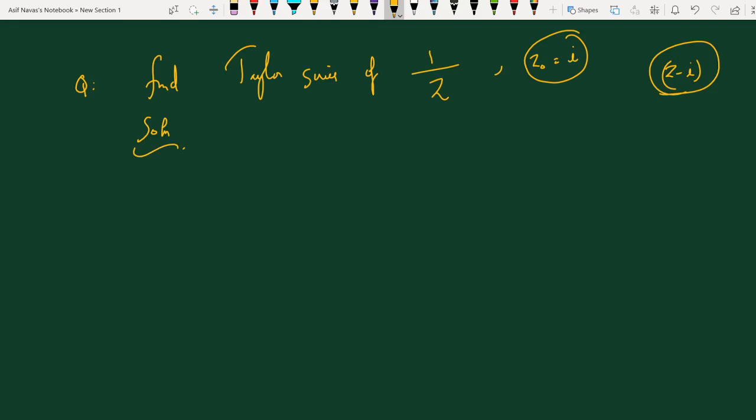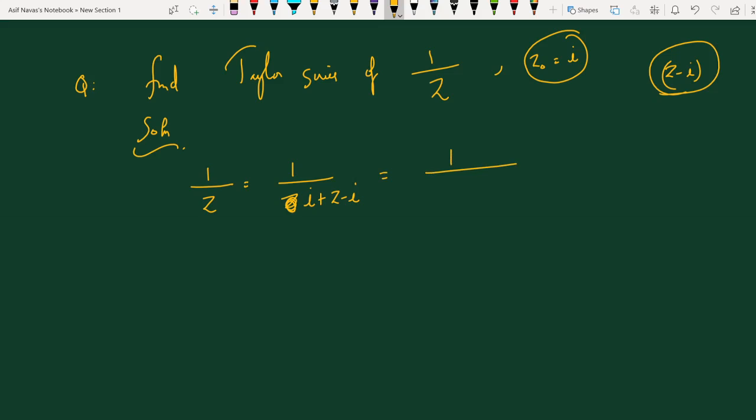So we will use the Taylor series expansion. We can write 1 by z as 1 by I plus z minus I, right? That is equal to 1 by z.